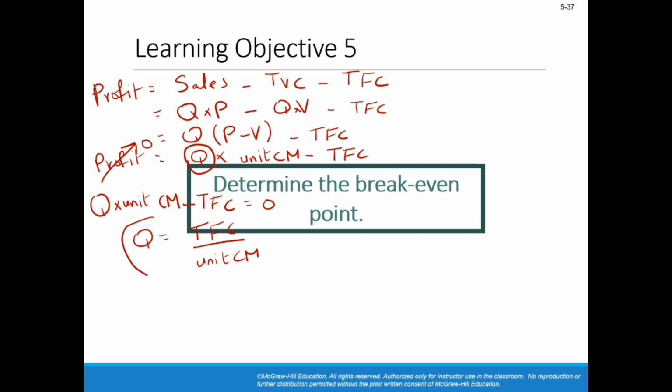So this is the number of units that needs to be sold so that I can get a profit of 0.